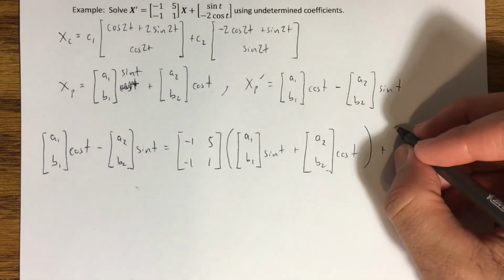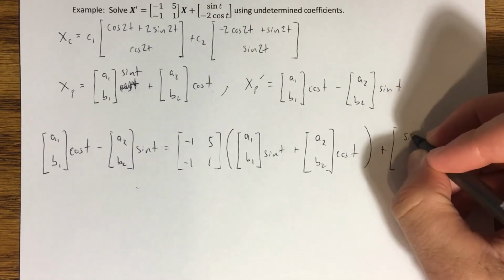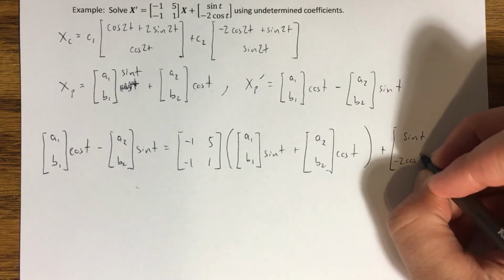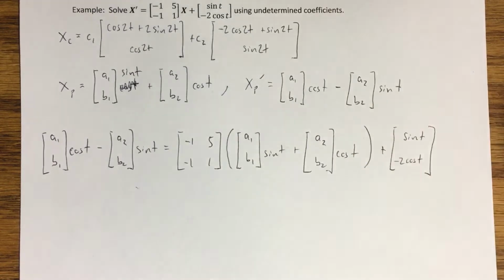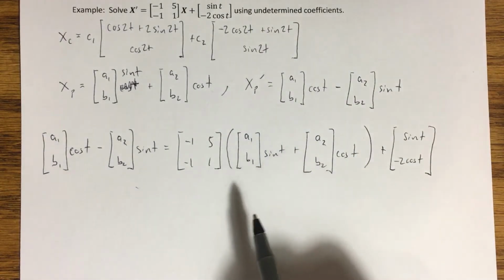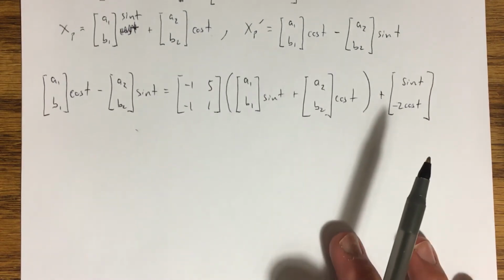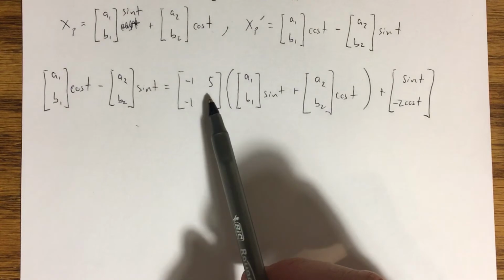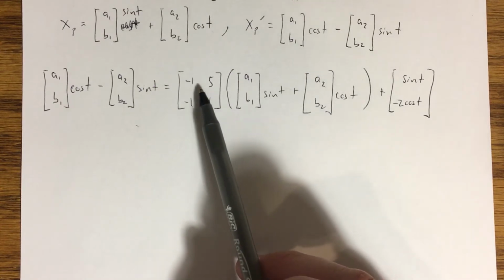plus sine of t, -2 cosine of t. Okay. Now, we have a property of matrix multiplication that you would learn in linear algebra, which says that matrix multiplication is distributive.